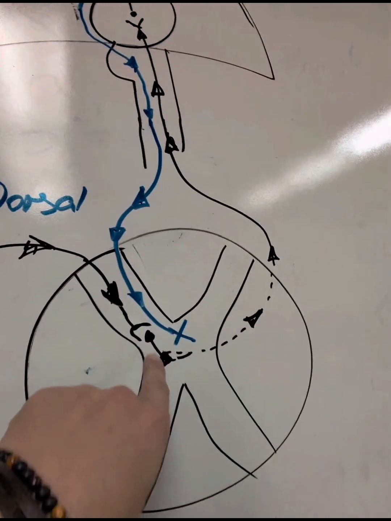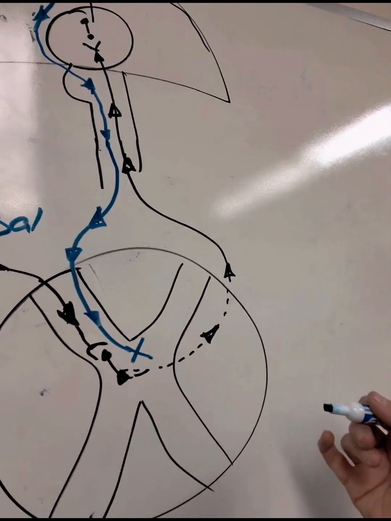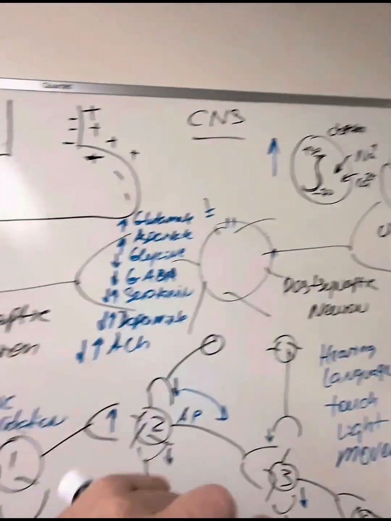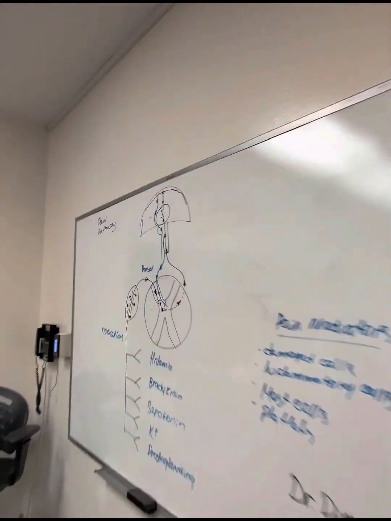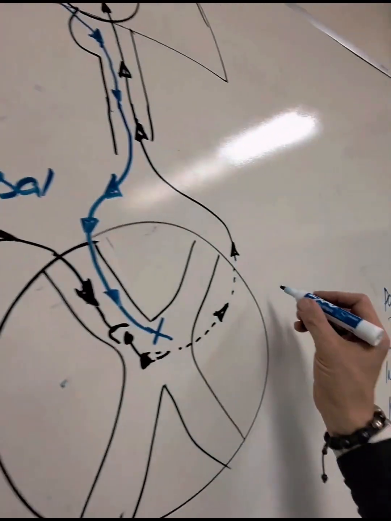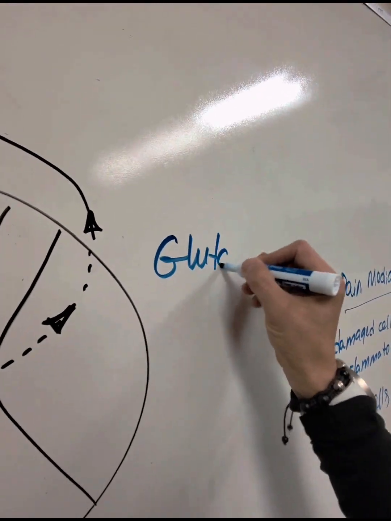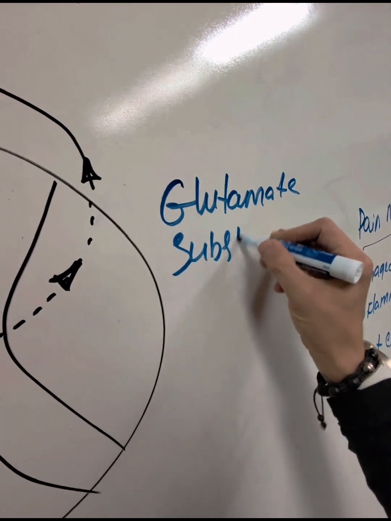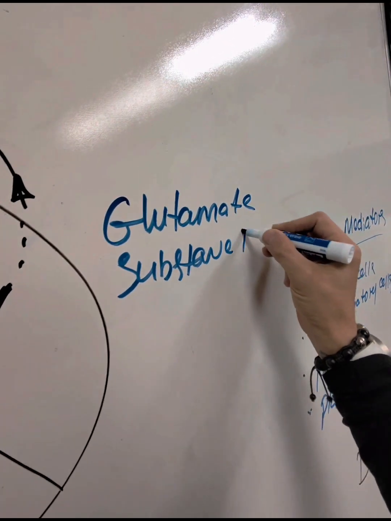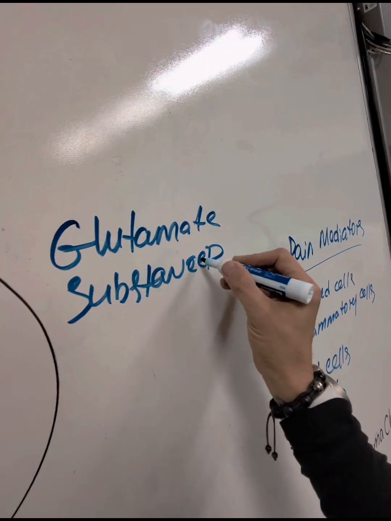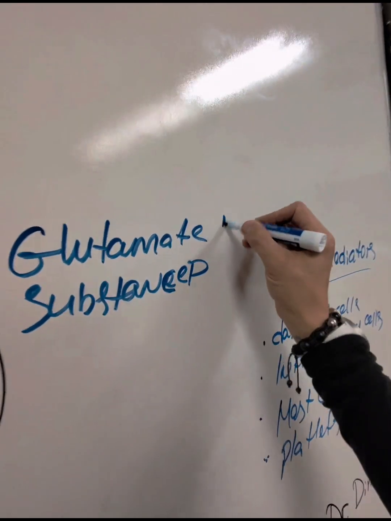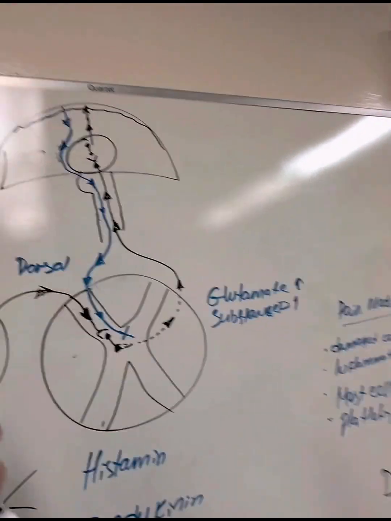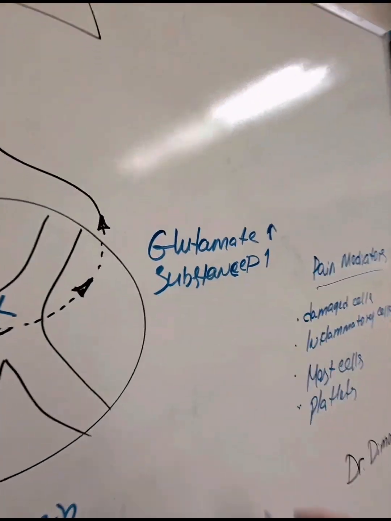So within this neuron we release stimulatory neurotransmitters. Remember this one: glutamate and substance P. Both glutamate and substance P are stimulatory neurotransmitters.